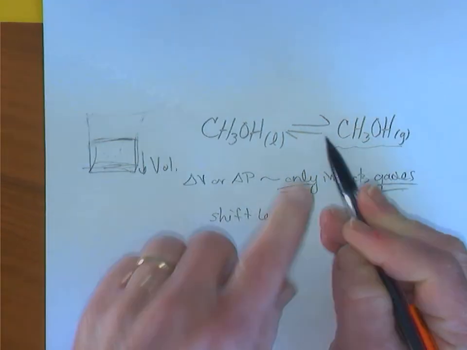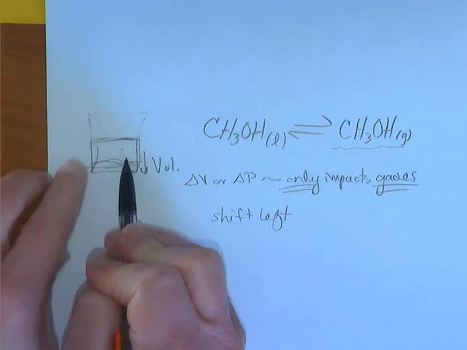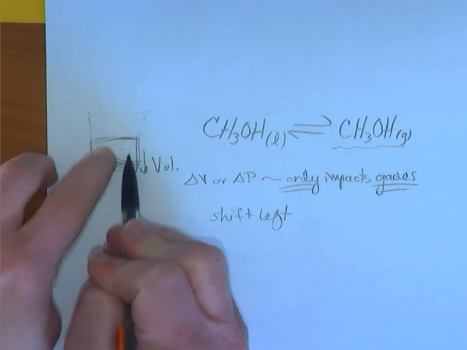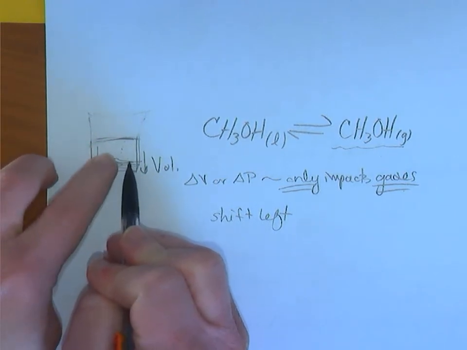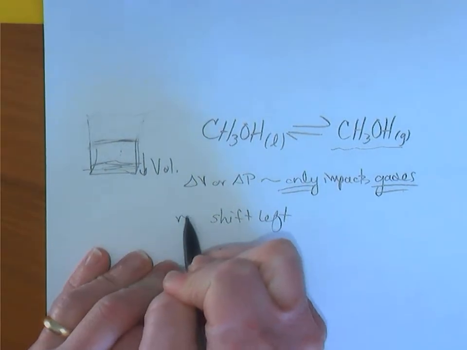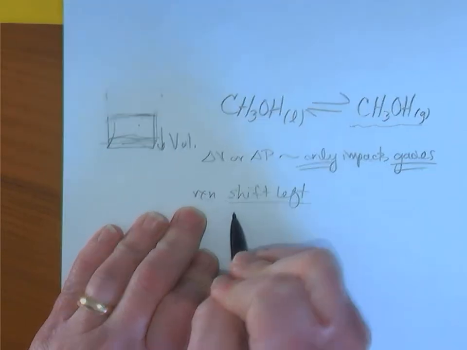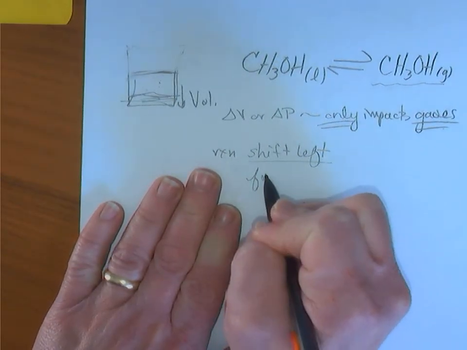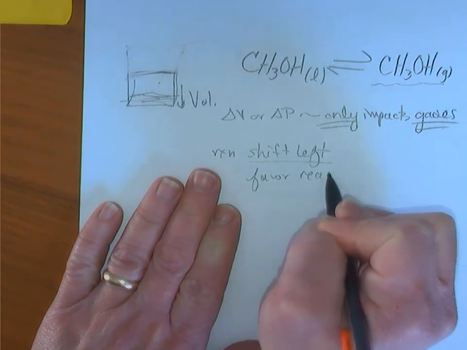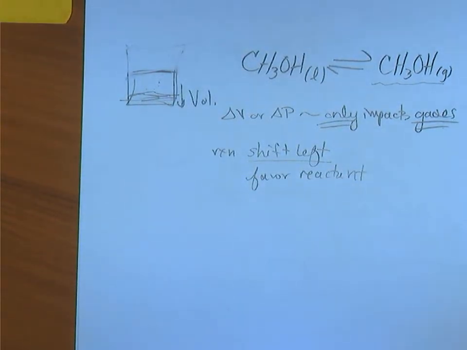The reaction will make more liquid so that it can get back the same pressure it had at that temperature when it was a greater volume. So the reaction to respond to the stress will shift left, or we could say, favor reactant. We could say that the rate of condensation will exceed vaporization. So that would be our approach.